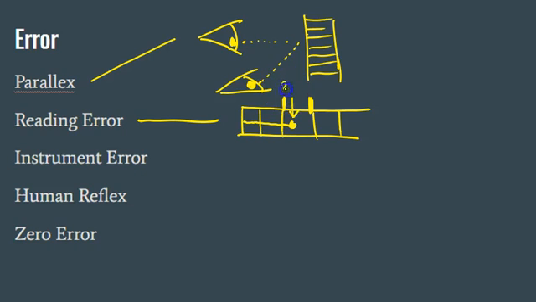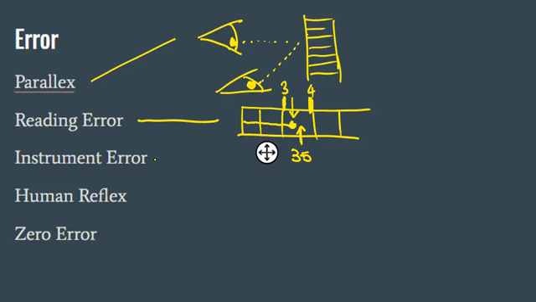Say this is 3 and this is 4, the most accurate I can actually measure on this is 3.5, because my eye is not really able to make a very good estimation any better than half of whatever the units are that I'm reading.